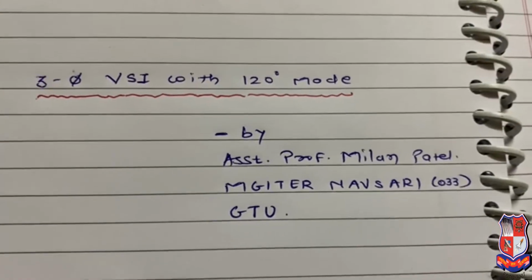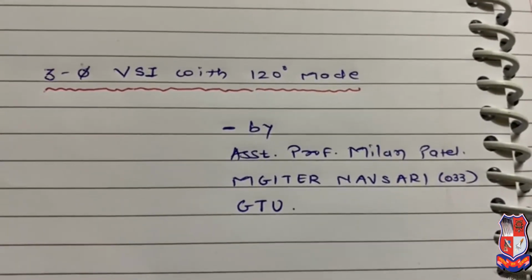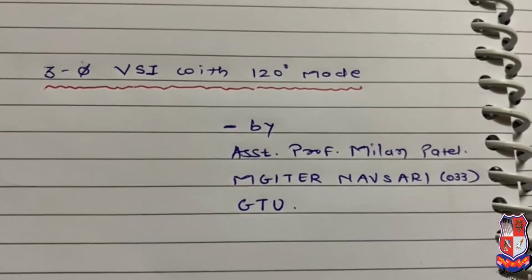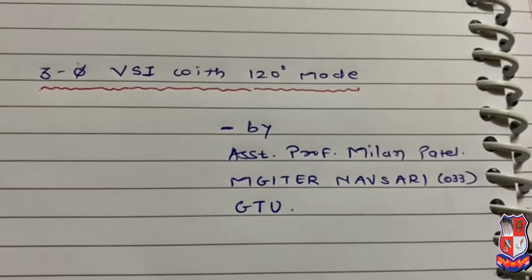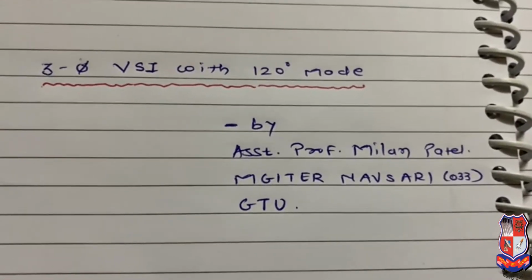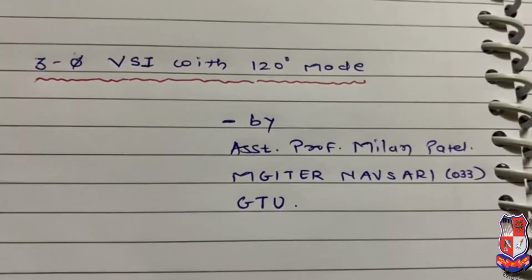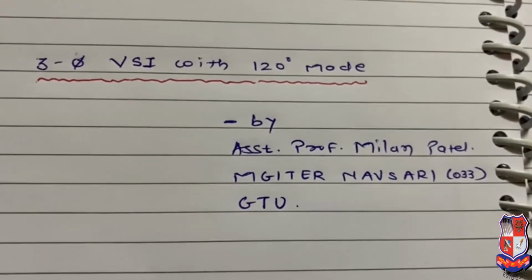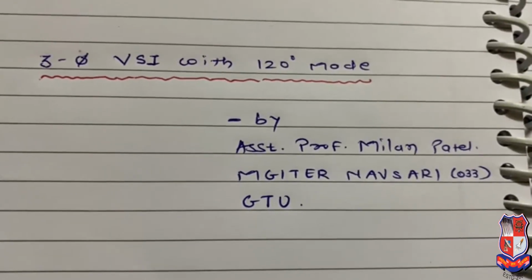Basically, the principle of inverter is to convert DC power into AC power at required frequency and at required voltage. So now we will see the basic configuration of VSI.